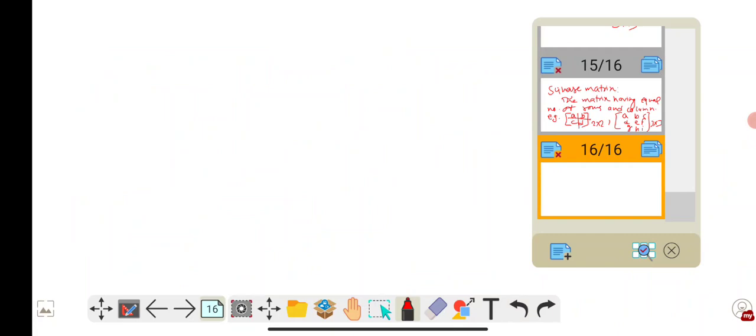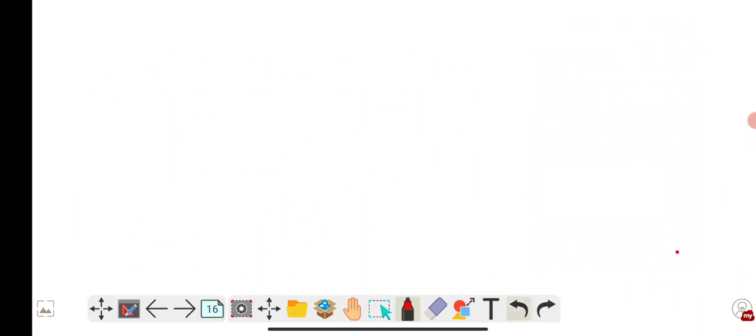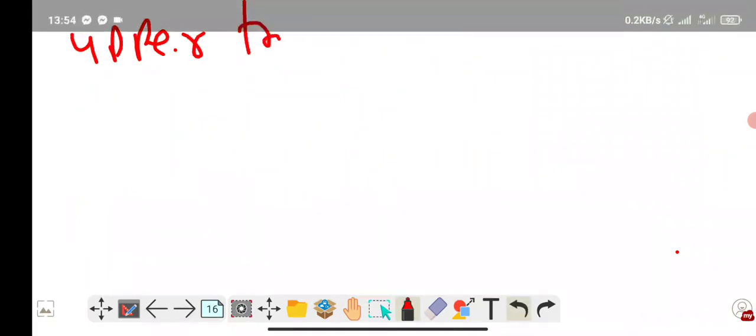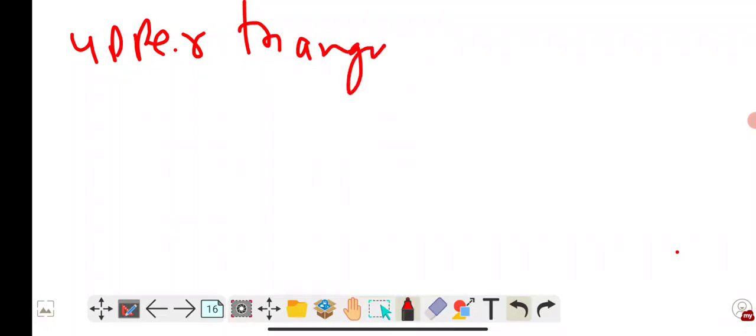Now next is triangular matrix. Triangular matrix has been divided into two types: upper triangular and lower triangular.